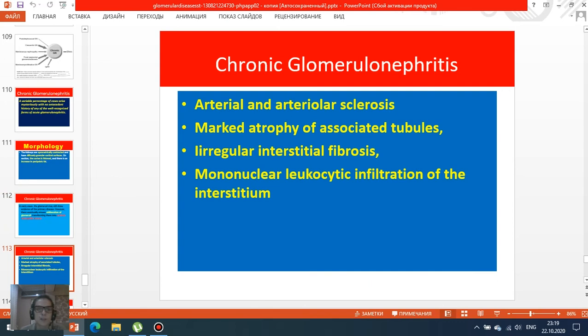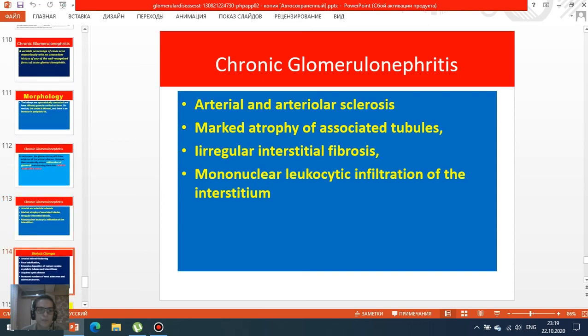Arterial and arteriolar sclerosis, marked atrophy of associated tubules, irregular interstitial fibrosis, and mononuclear leukocytic infiltration of the interstitium. All of them you can see in chronic glomerulonephritis.